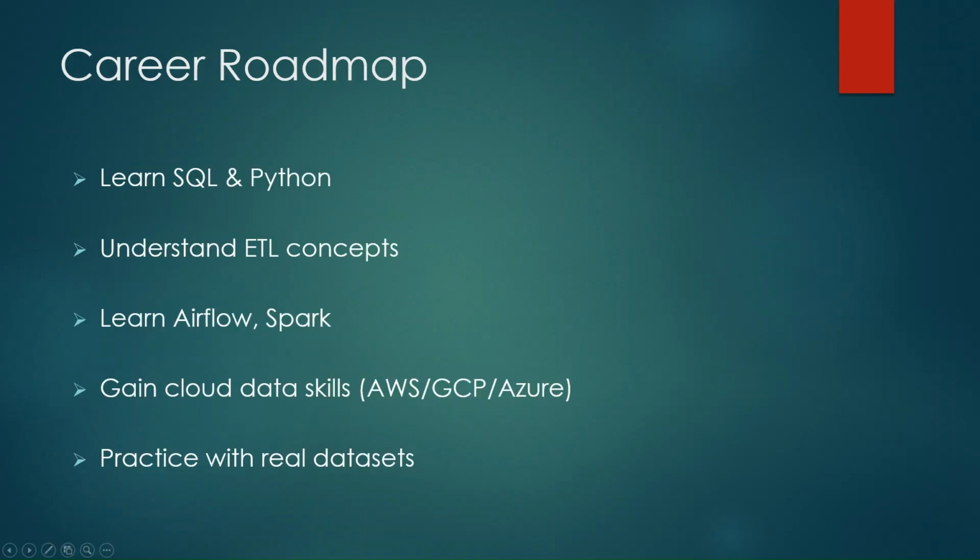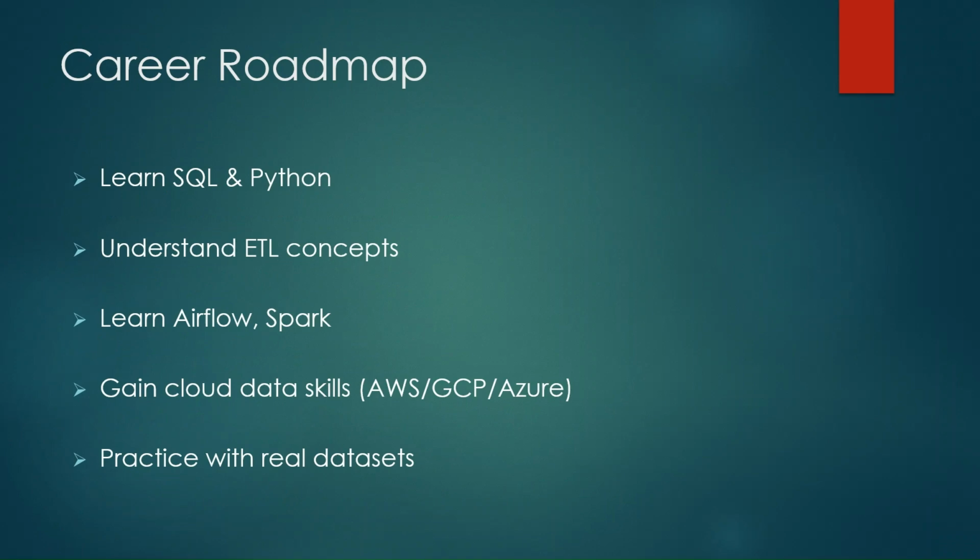Let's see the complete career roadmap. So if you are wondering how to get started into data engineering, here is a simple roadmap. Start with SQL, learn to query the data, pick up Python for scripting and automation, understand ETL pipeline concepts and tools, learn Apache Airflow for scheduling the workflow, and work with Spark to handle big data.